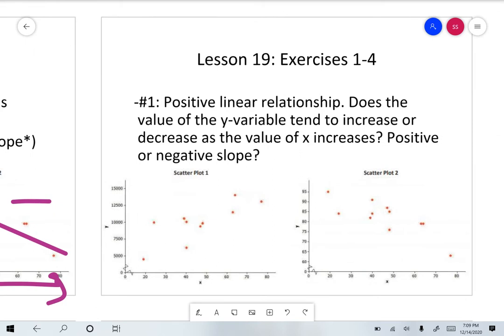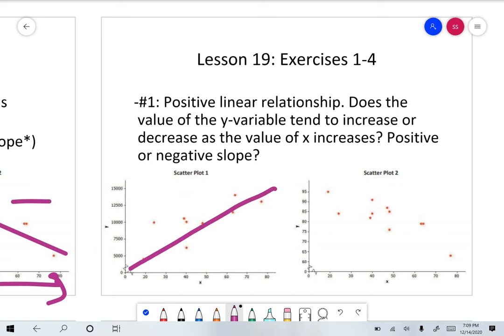Let's look at exercises 1 through 4, lesson 19. Number 1, scatter plot number 1, we have a positive linear relationship, meaning as x is increasing, your y is also increasing. Does the value of the y variable tend to increase or decrease as the value of the x increases? I literally just said this, so hopefully this is making sense.